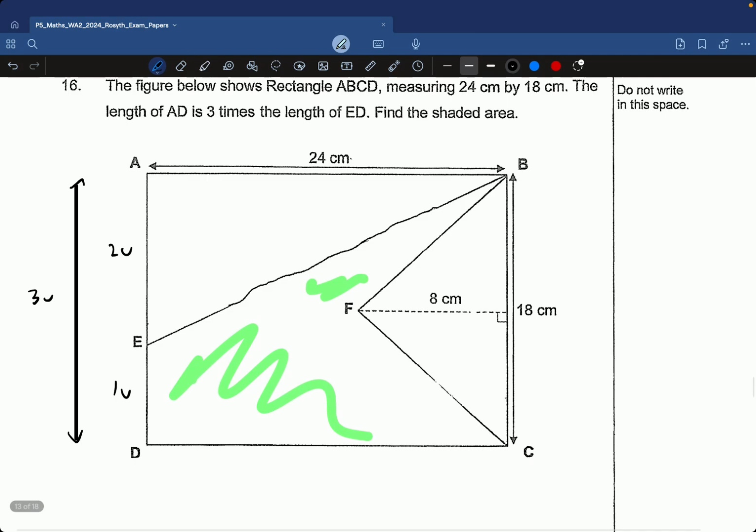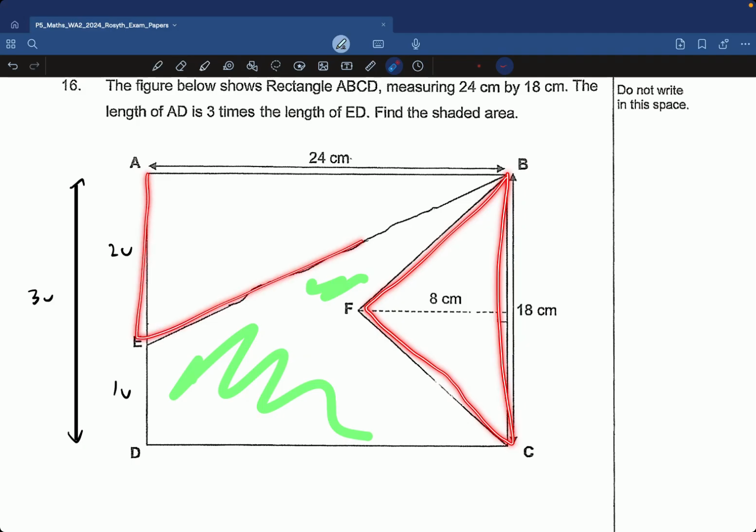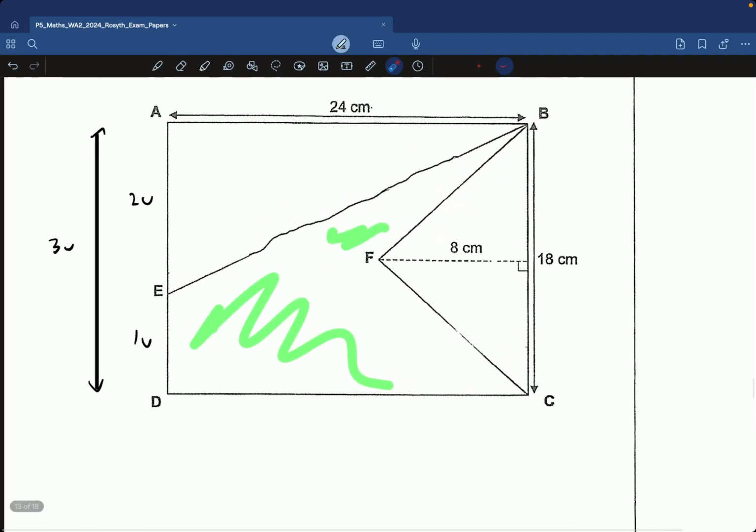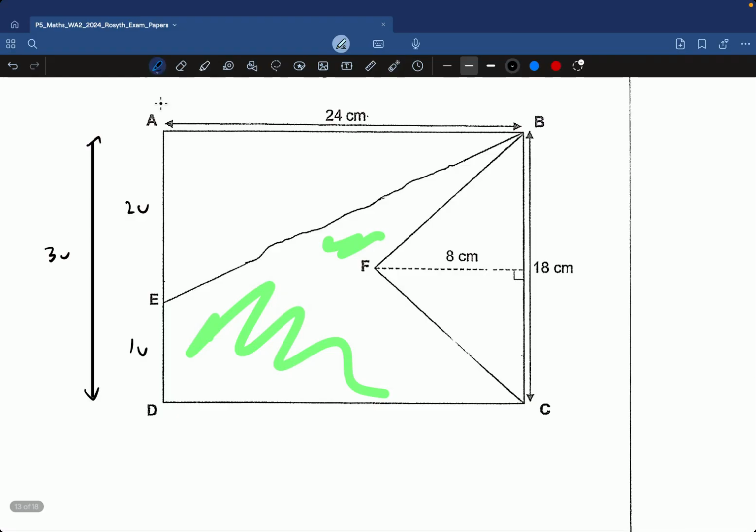All right, so now we can find the shaded area, the green part over here. First, we need to get this triangle. Then second, we need to get this triangle as well. Okay, so I think we can get this first, right? So let's get the area of BFC.